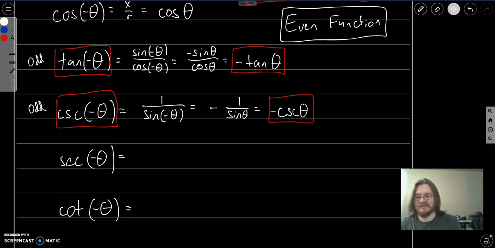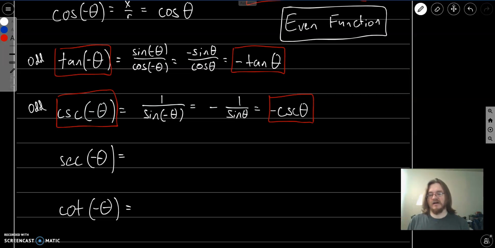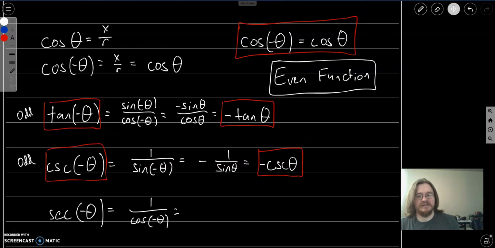Let's look at the secant. Again, writing this in terms of functions that I've already looked at, the secant is 1 over the cosine. So let's flip it over. So secant of negative theta is 1 over the cosine of negative theta. But the cosine doesn't care about the negative sign in the middle.